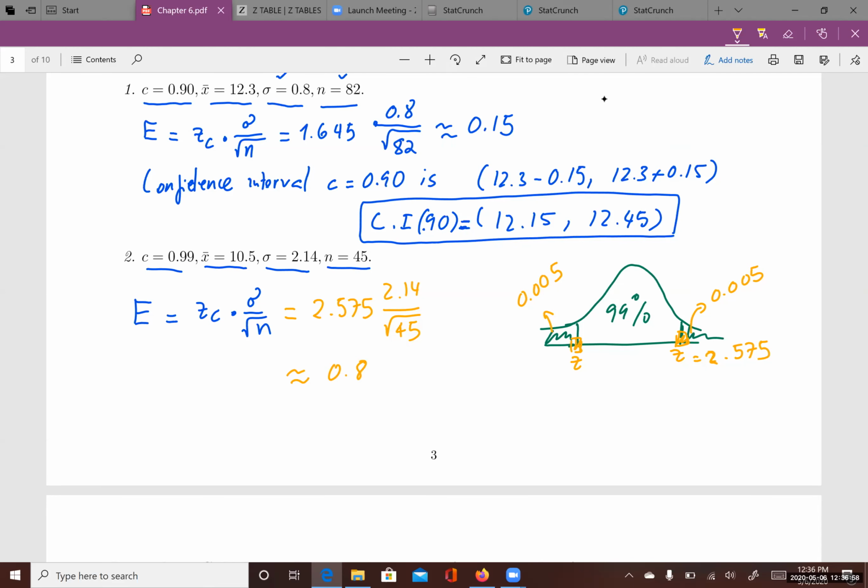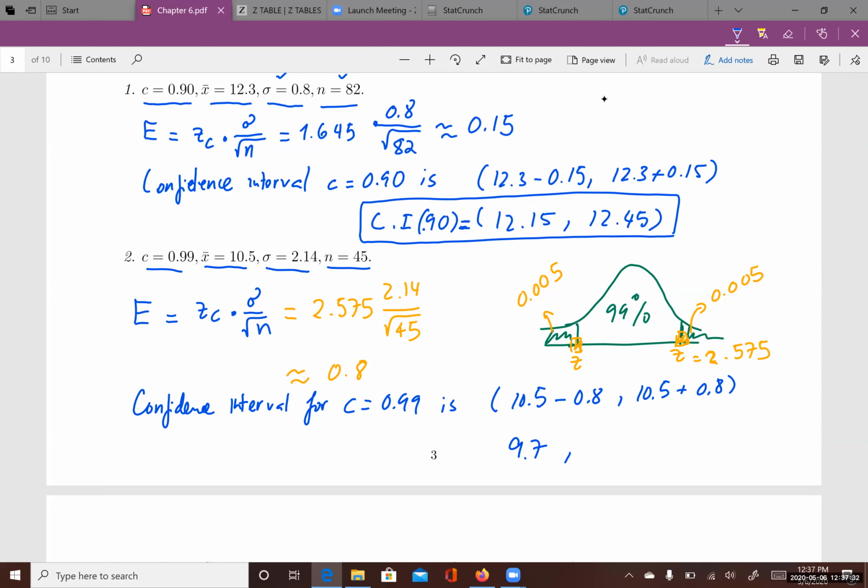Okay, so once you have E, then you can find the confidence interval. The confidence interval for C equals 0.99 is 10.5 minus 0.8 and 10.5 plus 0.8, which is 9.7 and 11.3.